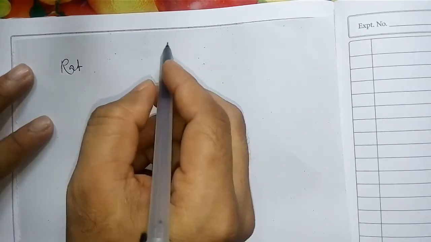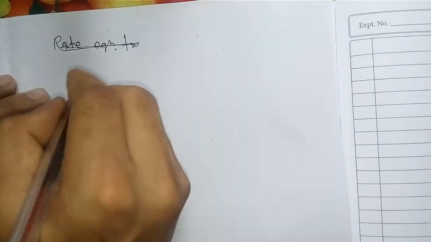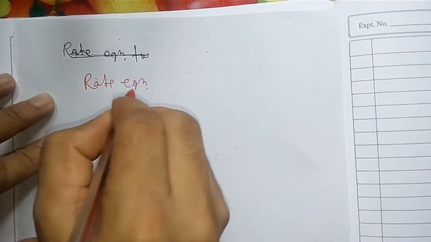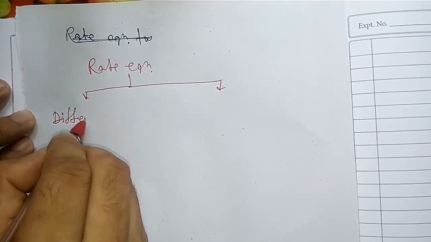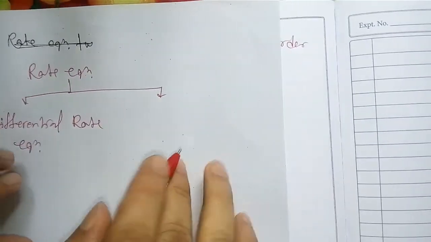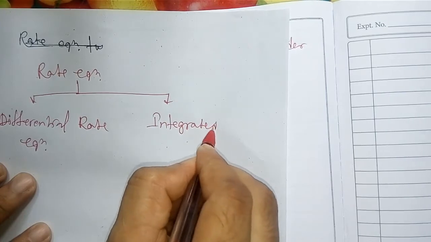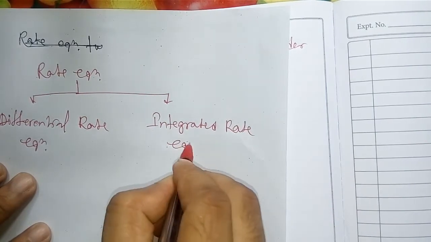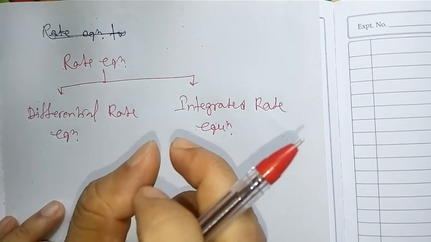Reaction rate equations are of two types.